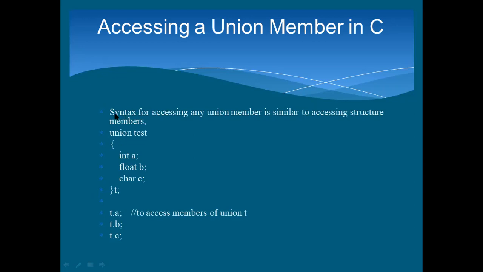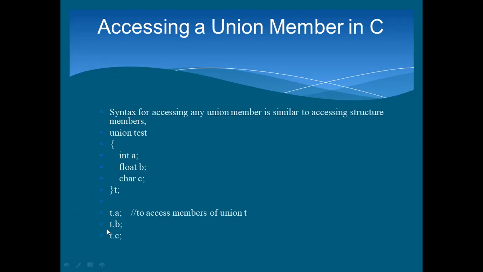The syntax for accessing any member is similar to a structure. Now here I am going to create a union variable t. To access a member of the union, we specify the name of the union variable t, dot, member name.